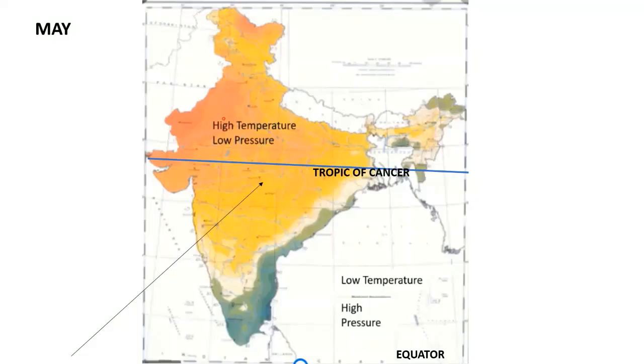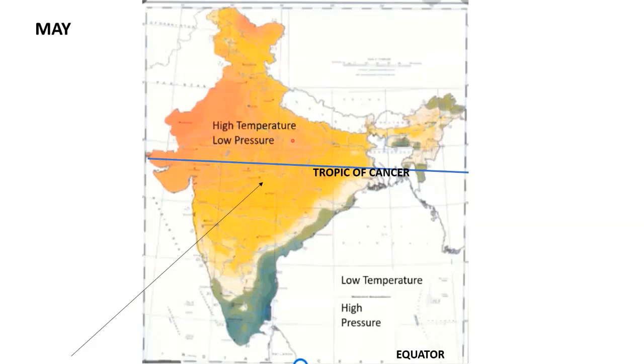The ascending air results in storms in some areas. One of the winds which moves from the Thar desert towards the Indo-Gangetic plain, in Lucknow also we experience it. It is known as Loo, which is a hot and dusty wind, and you people must thank it because we get early summer break because of the Loo.